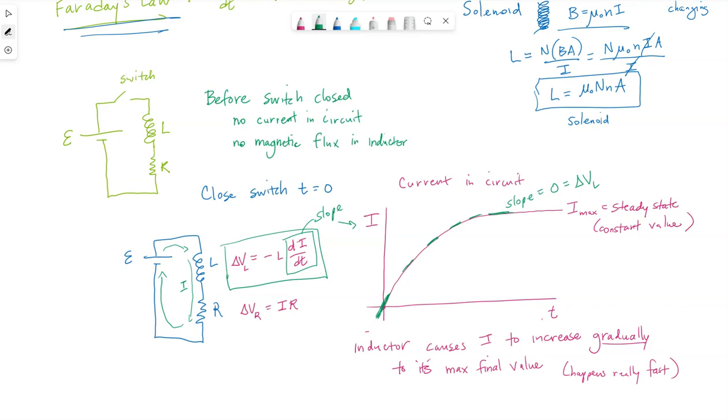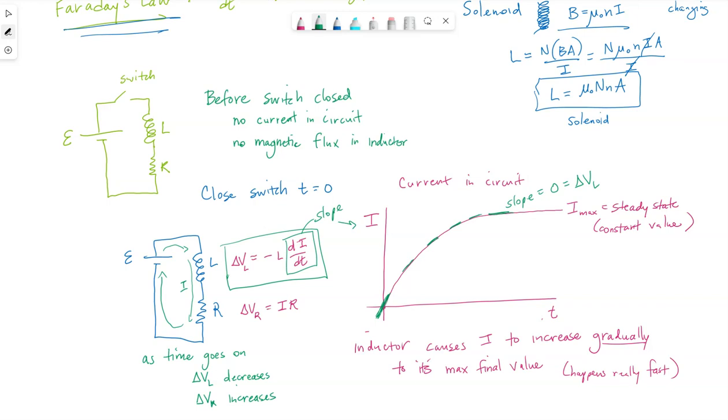So as time goes on, delta V for the inductor decreases. The rate at which the current is changing gets smaller and smaller and smaller. But delta V for the resistor increases.